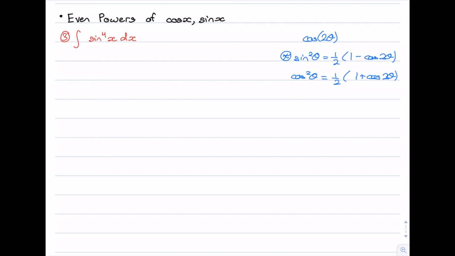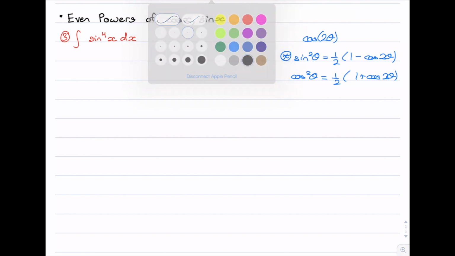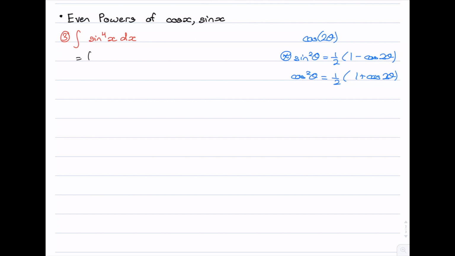So sine to the power 4, we want to include sine squared in that. And that's not too difficult to do. Sine to the power 4 is just sine squared all squared. So here we included sine squared, and then we raise it to whatever power is necessary. In this case, it's another power of 2. So now we can make our substitution.